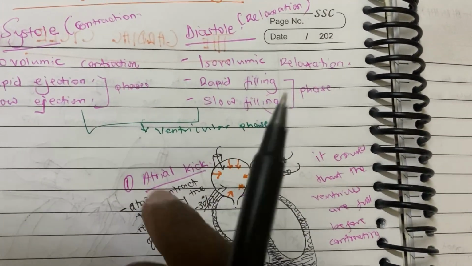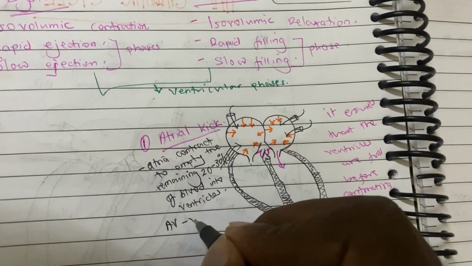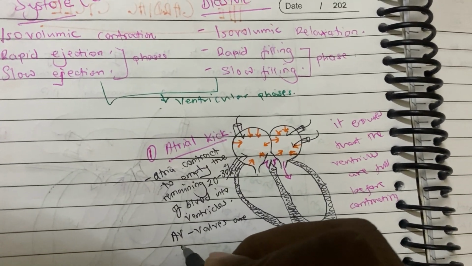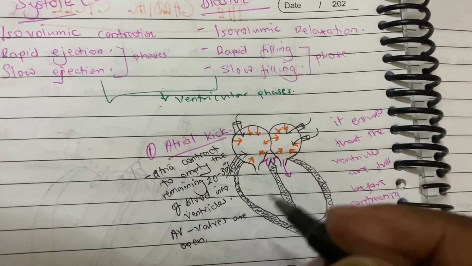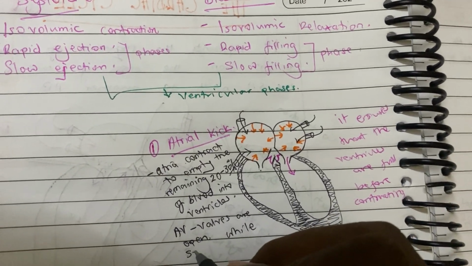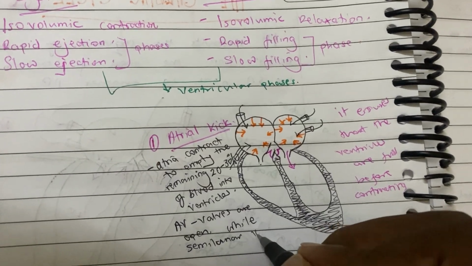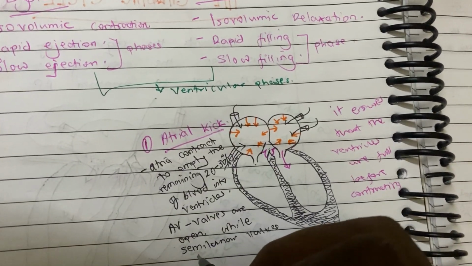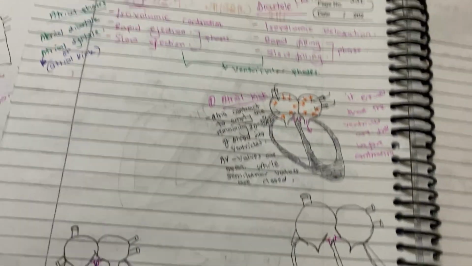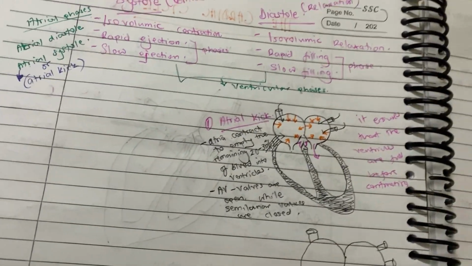So during atrial kick, the AV, atrioventricular valves, are open, while the semilunar valves are closed. These are the events that occur.